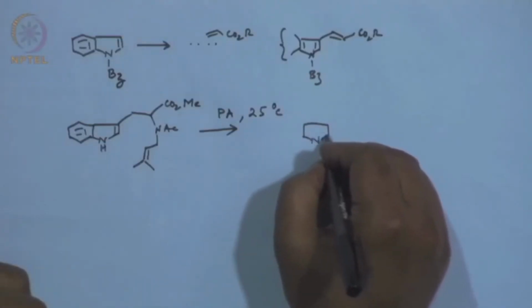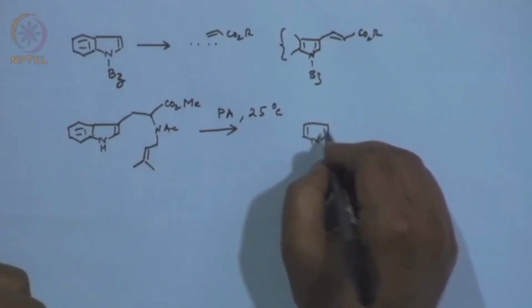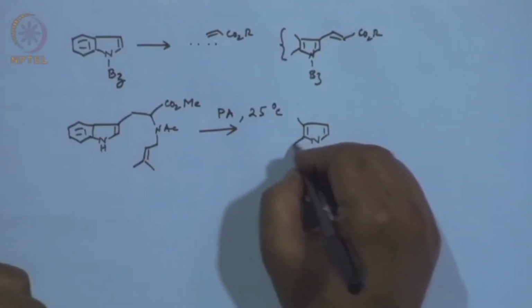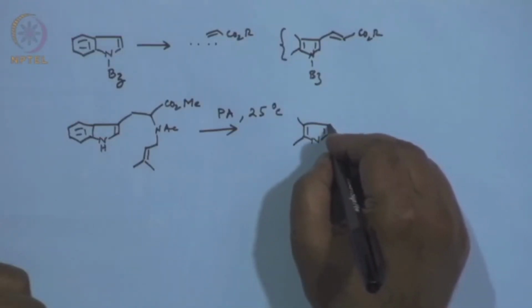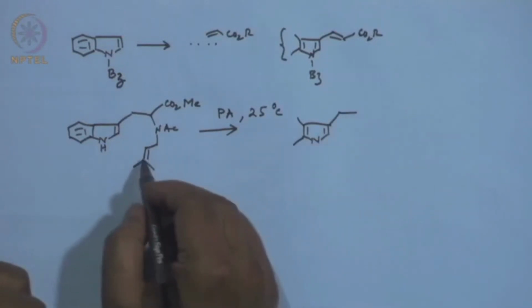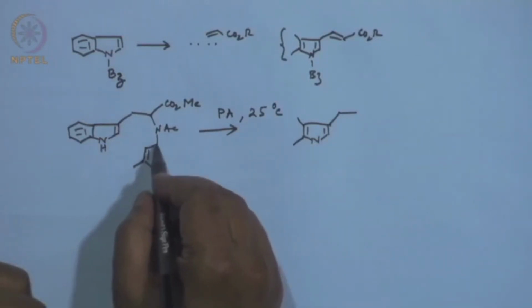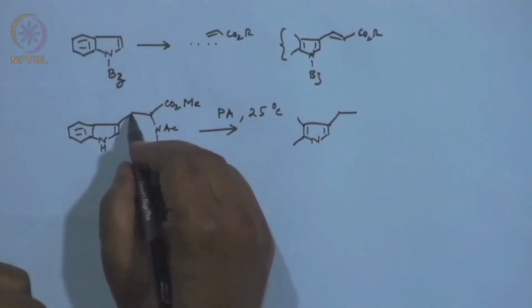Cyclization. So, cyclization taking place, but in this case the cyclization is a little tricky, with a little bit of rearrangement. So what you get here, you get 1, 2, 3, 4, 5, 6, 7, 8.